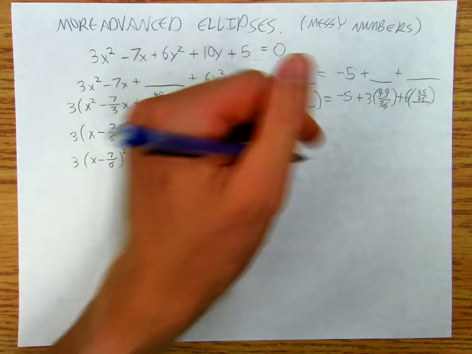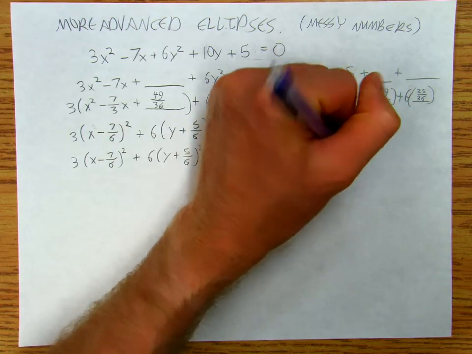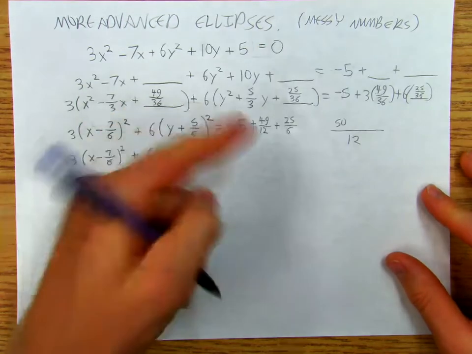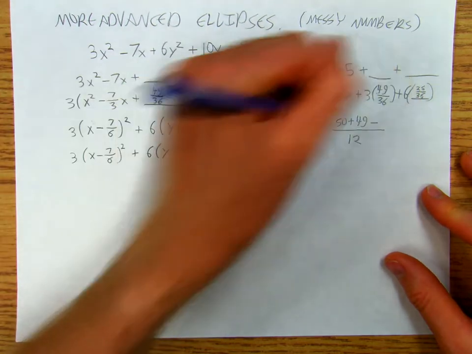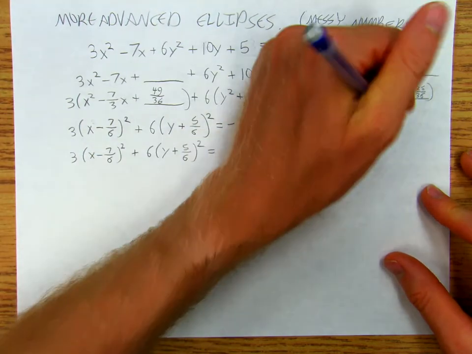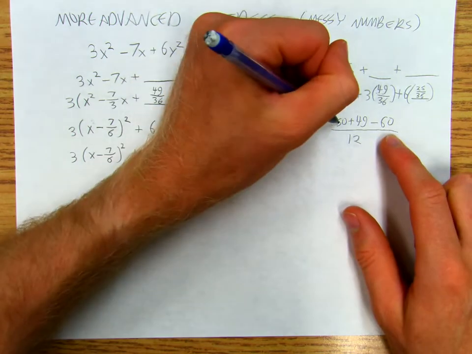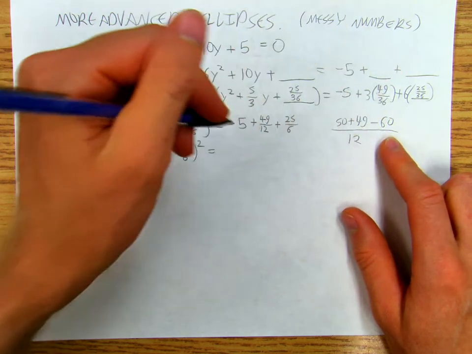So we have 50/12 plus 49/12 minus, that's going to be 60/12. So that's going to be 99, so 99 minus 60 is 39/12.